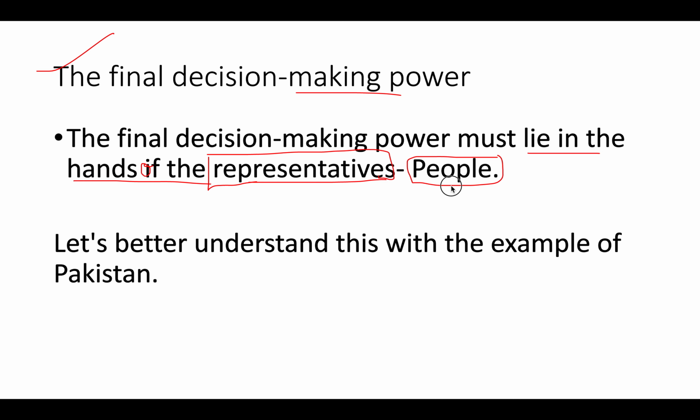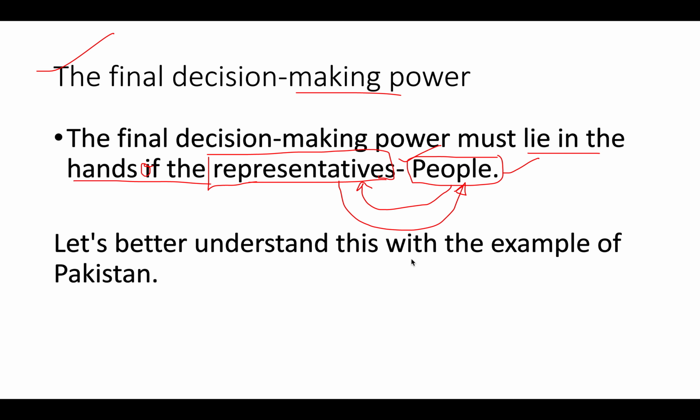Because people are the ones who elect their representatives, and representatives implement any decision with respect to the people. They keep the demands, thoughts and imaginations of the people in their minds while taking any kind of decision. So the power must lie in the hands of the representatives, which directly or indirectly means that the power is lying in the hands of the people.